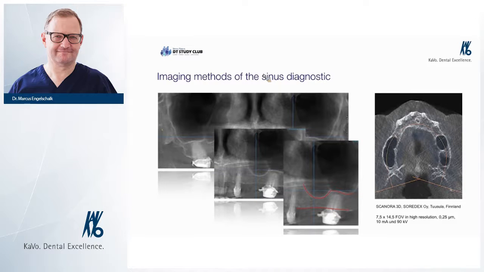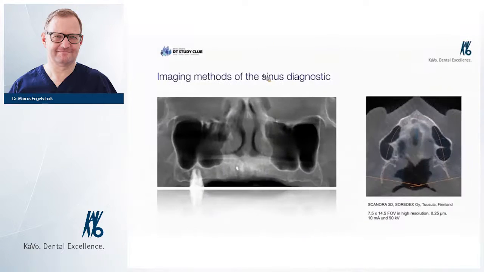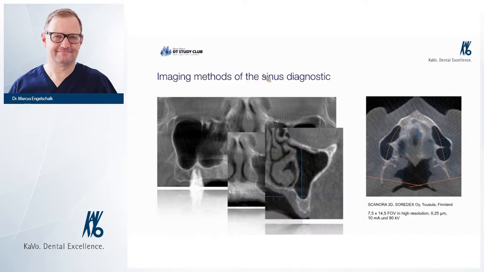If you hurt the membrane very slightly, with a tiny hole, you won't see it on the X-ray during the operation. So it's important, and this is a topic we will discuss later on, to have some control mechanism during your operation or at the end of your operation to be sure that you won't hurt your membrane too much.